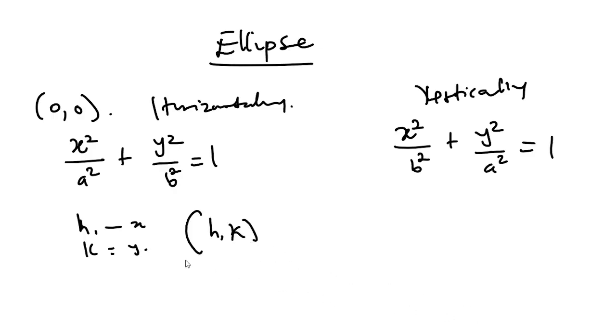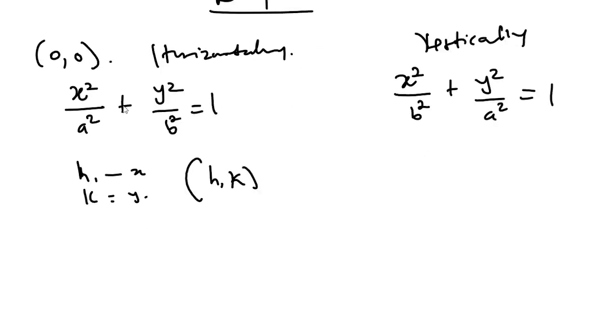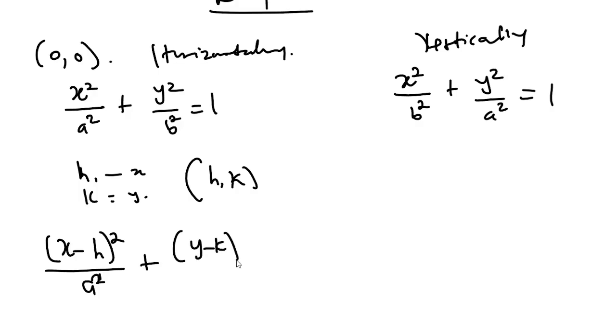When it happens like this, the general equation, when it stretches horizontally, changes to (x minus h) all squared divided by a squared, plus (y minus k) all squared divided by b squared being equal to 1.